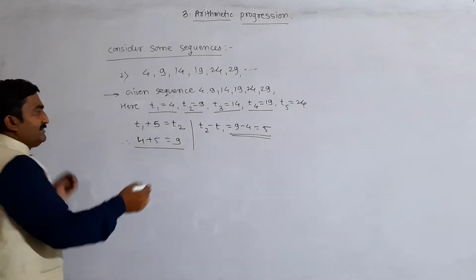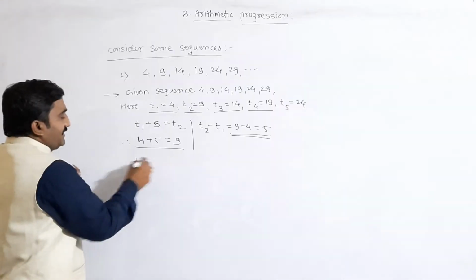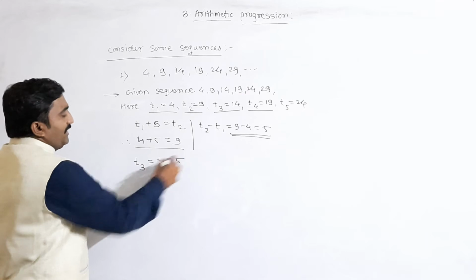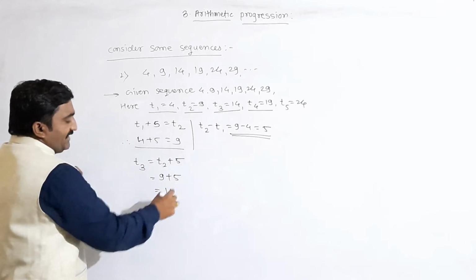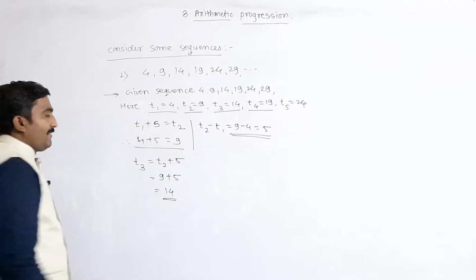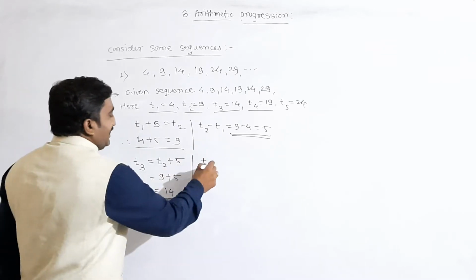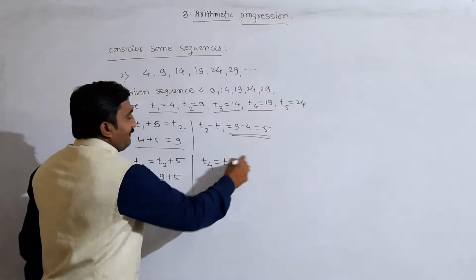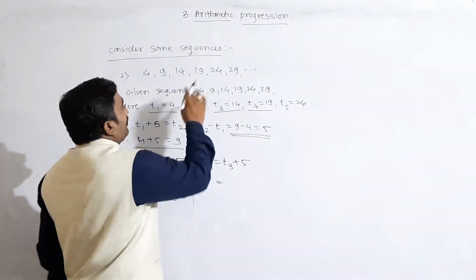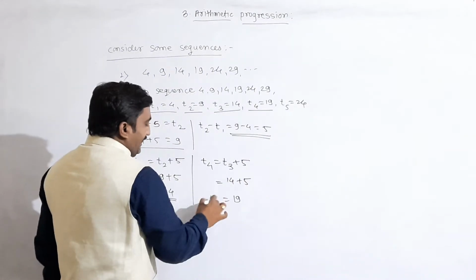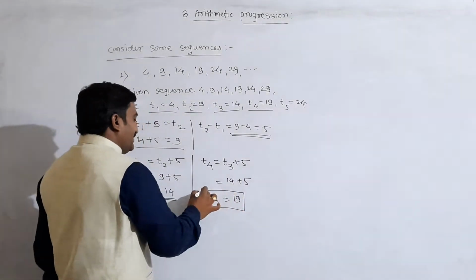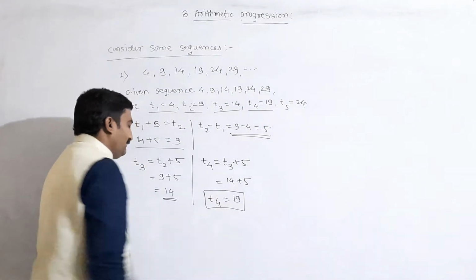Then T3 is equal to T2 plus 5, 9 plus 5, 14. Then T4 is equal to T3 plus 5. T3 is 14, 14 plus 5, 19. Therefore T4 is equal to 19.